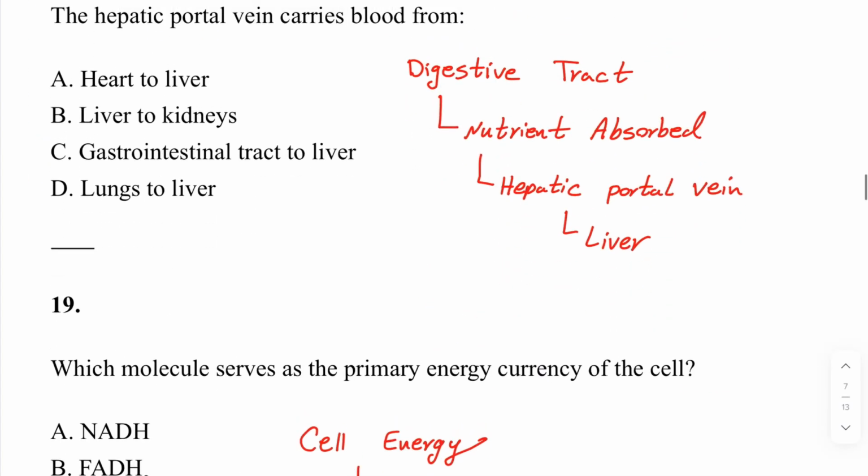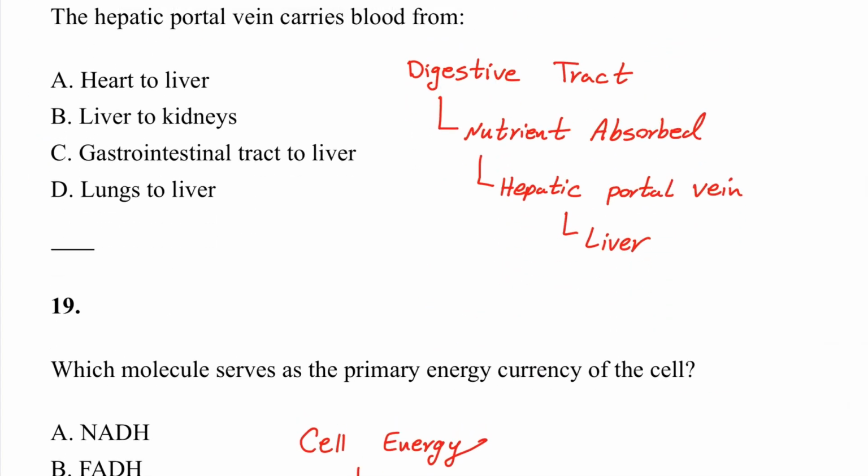So, question number 18. The hepatic portal vein carries blood from A. Heart to liver, B. Liver to kidney, C. Gastrointestinal tract to liver, D. Lungs to liver. After food is digested, nutrients enter the bloodstream through the intestines. Nutrients do not immediately enter general circulation.